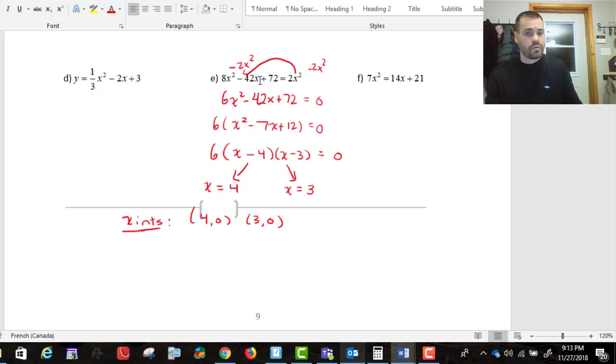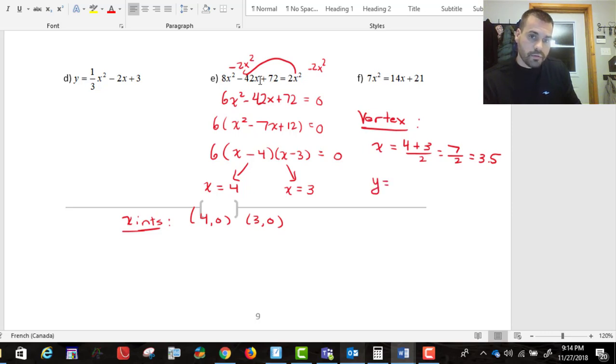So the roots are 4 and 3, and that corresponds to the x-intercepts that are 4, 0 and 3, 0. Then to find the vertex, you take x to be the midpoint. So you take 4 plus 3 and divide by 2. You get 7 divided by 2, and that's 3.5. Just the two x-intercepts, add them together, divide by 2, that's my x. And then for my y, I go back up to my equation and use this one: 6 times 3.5 squared minus 42 times 3.5 plus 72.